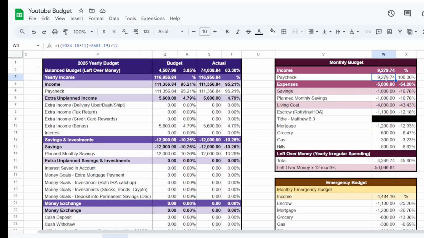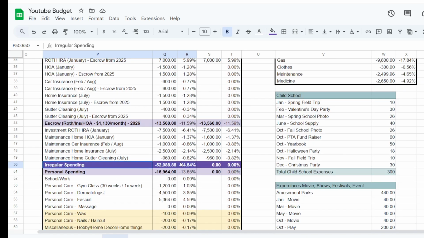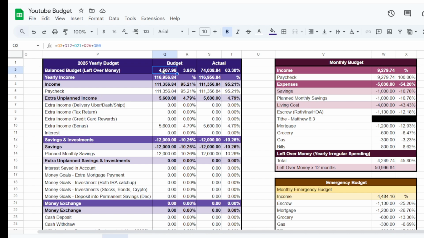But what I did not take into account in my paycheck is my bonus money, which is about 5,600 for the entire year. With that bonus money, because I already calculated that into this yearly budget, when I balance the budget overall, where this line item is taking my yearly income, subtracting my savings, subtracting the living costs, subtracting the irregular spending, I come out to be having about $4,500 extra in the whole year.